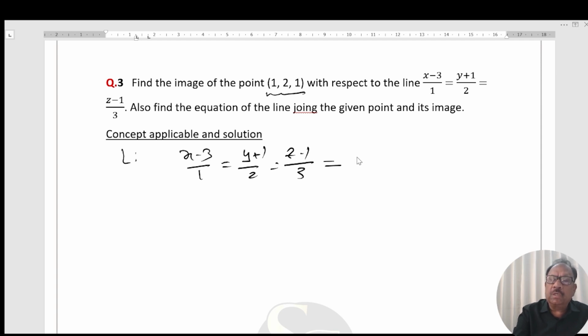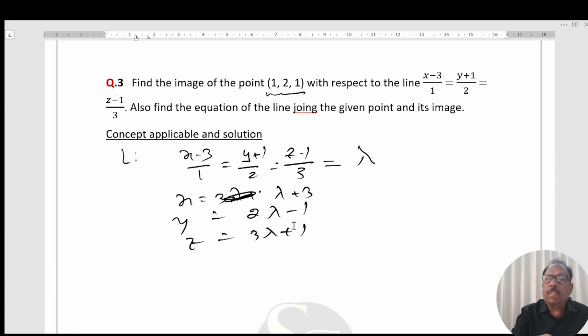Say this is lambda. Then x equals lambda plus 3, y equals 2 lambda minus 1, z equals 3 lambda plus 1. This is a general point.